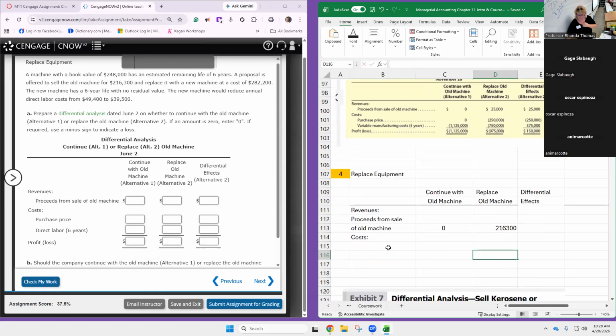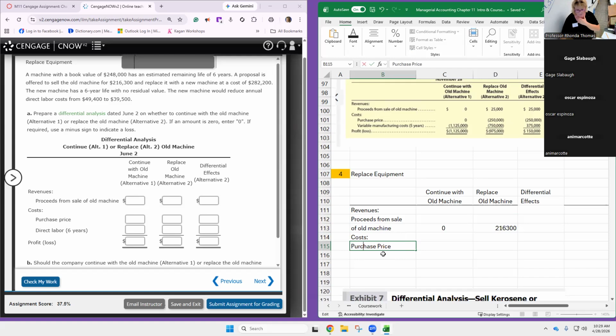Under costs, we should have a purchase price, and we have a purchase price and a direct labor, because it is saving us some direct labor.